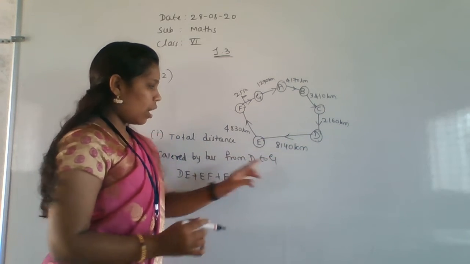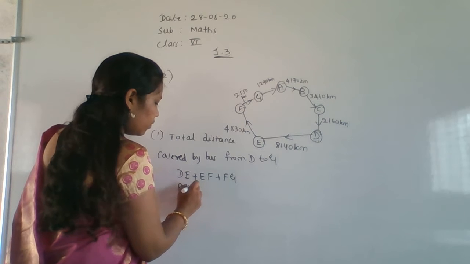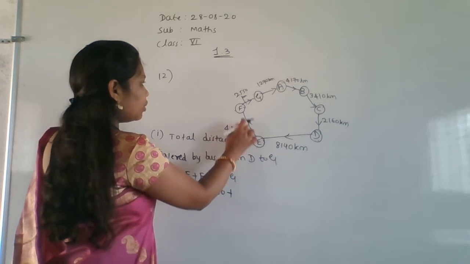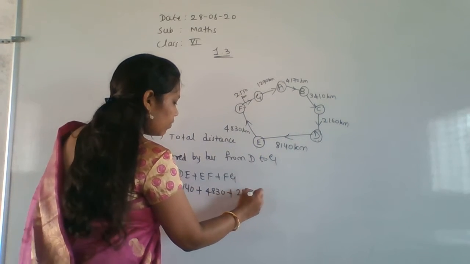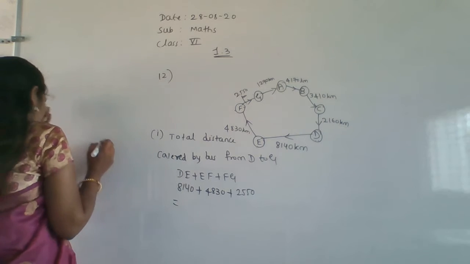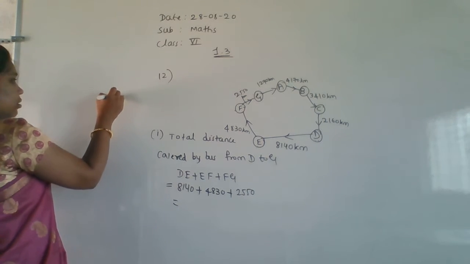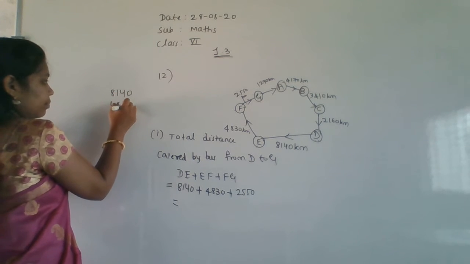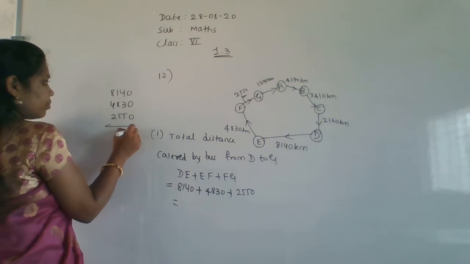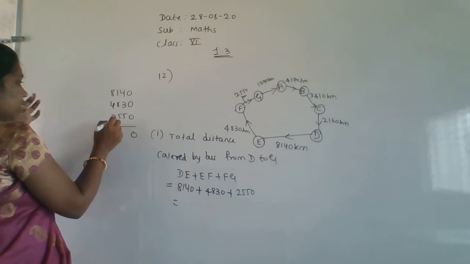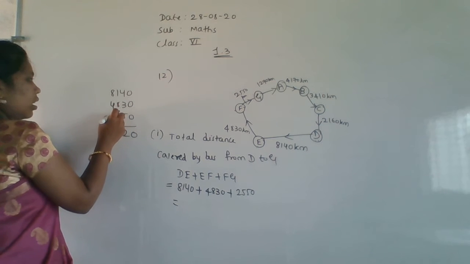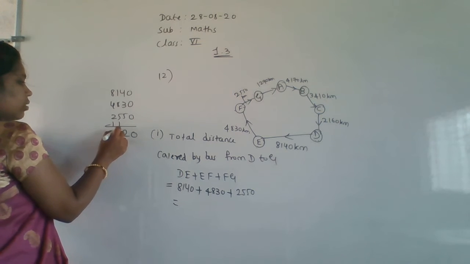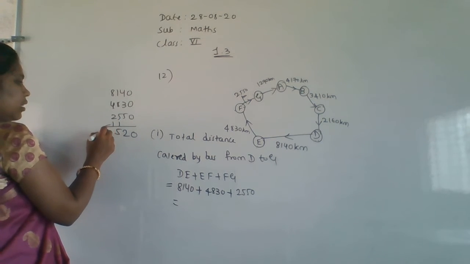D to E is how much? 8,140. EF means 4,830. Next FG means 2,550. Add these values. 4 plus 3 is 7, 7 plus 5 is 12. 8 plus 1 is 9, 9 plus 5 is 14, 14 plus 1 is 15. 12, 14, 15.